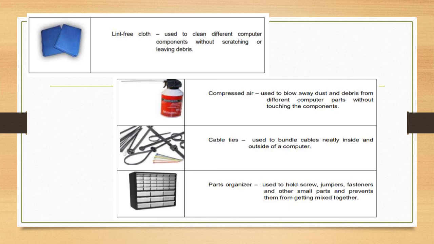Compressed air, used to blow away dust and debris from different computer parts without touching the components. Next is the cable ties, used to bundle cables neatly inside and outside of a computer. And next is the part organizer, used to hold screws, jumpers, fasteners, and other small parts and prevent them from getting mixed together.